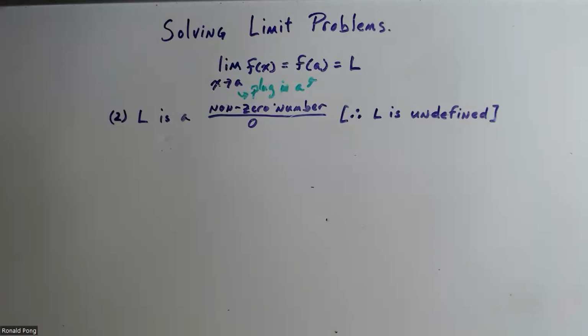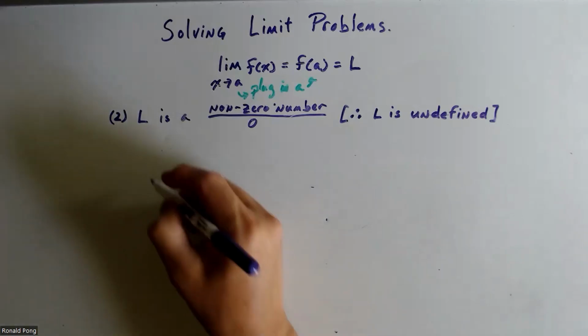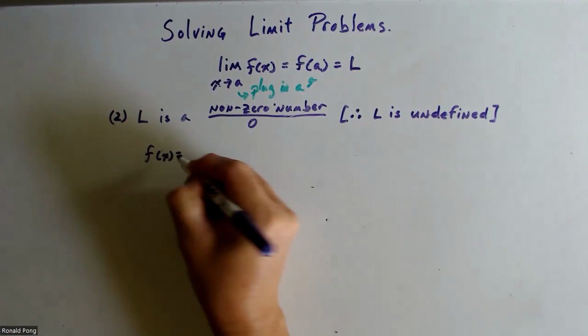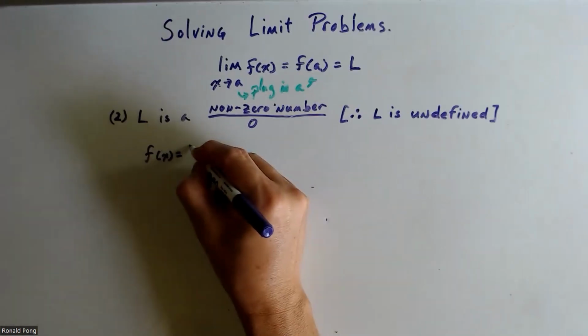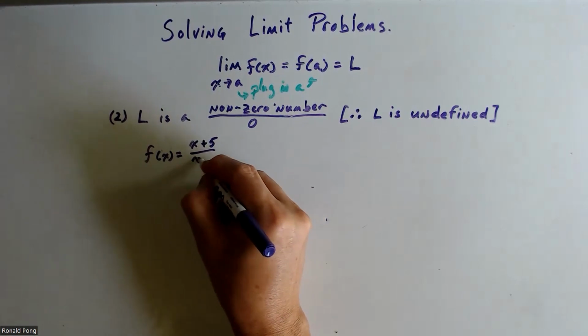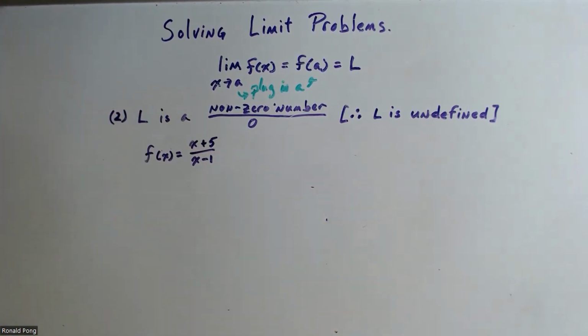Now let's try a problem where we end up with the value L being an undefined number. For example, let's define our function f of x equaling x plus 5 over x minus 1.